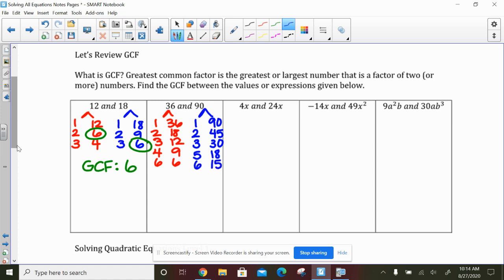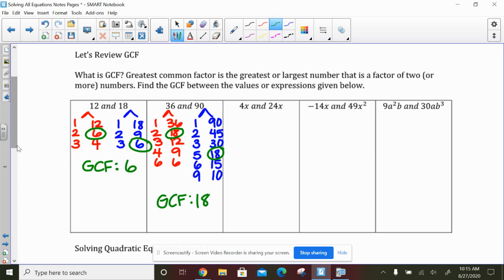And then it does not divide into 7 or 8. And then I have 9 and 10. Okay, so when I look at that list, I want to find my highest value that they have in common. And they both have an 18. So my GCF here is 18.